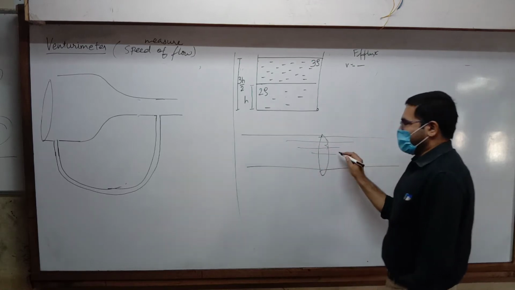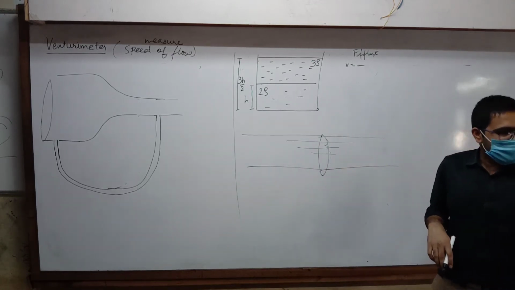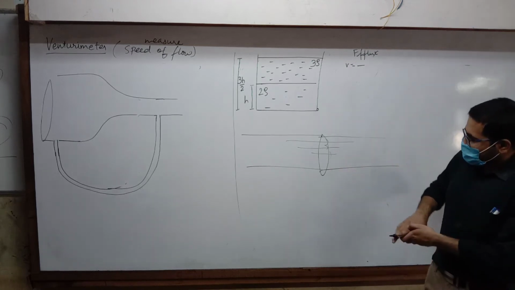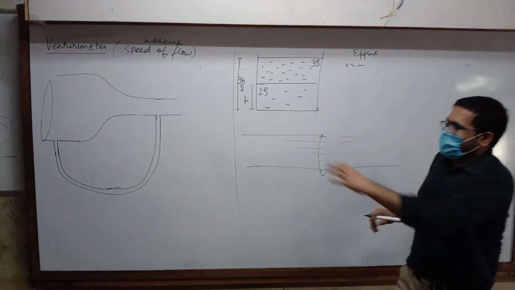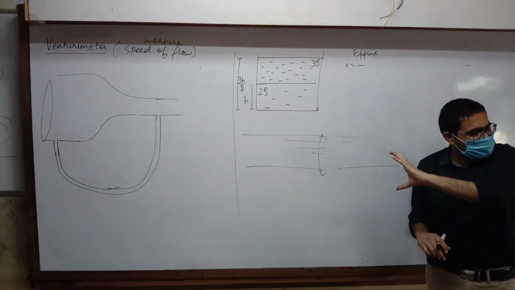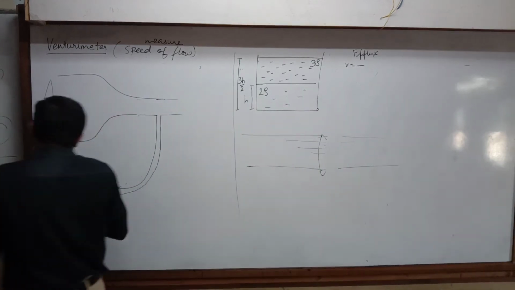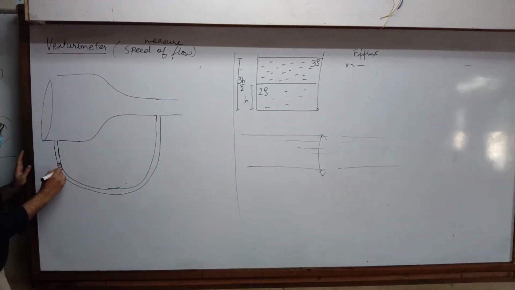Water is flowing, let's say. You want to measure when water comes over here, what is the speed? So what to do? Cut it open, take that, fix it here. Understood? So when you fix it here, what happens is that there is mercury in this tube.